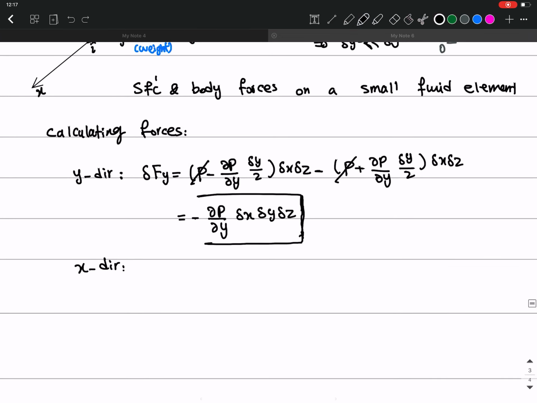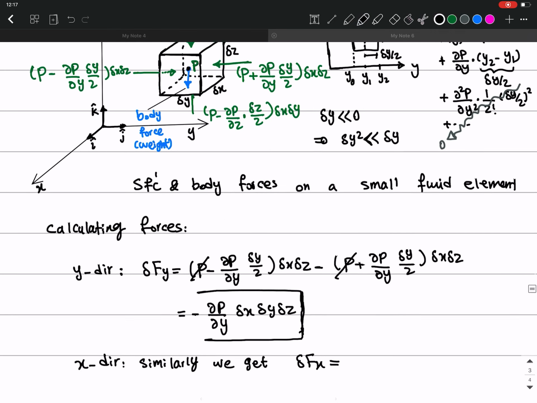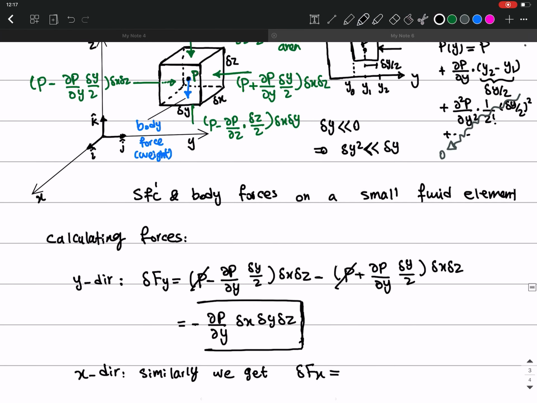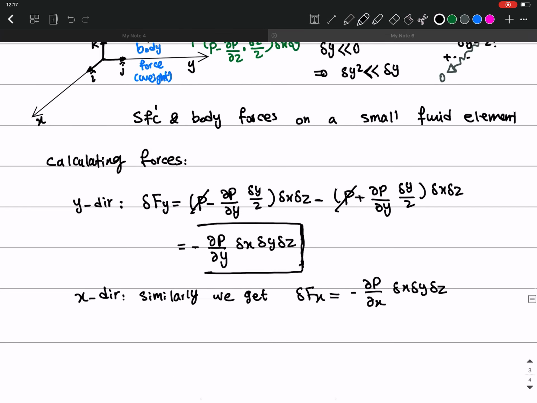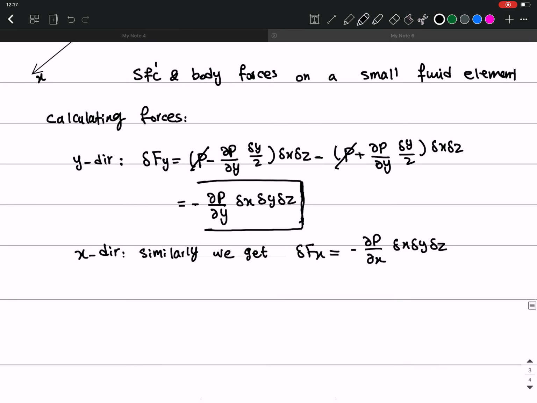So similarly, we get delta Fx, the sum of the forces in the X direction, is going to be minus partial P partial X delta X delta Y delta Z. Okay, now let's look at the Z direction. The Z direction is a little bit different, and let's see why.